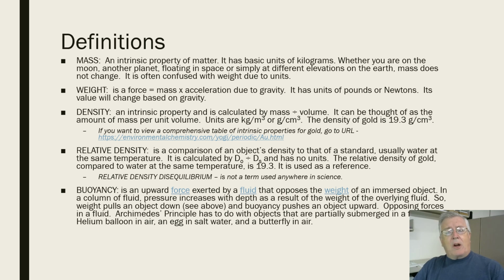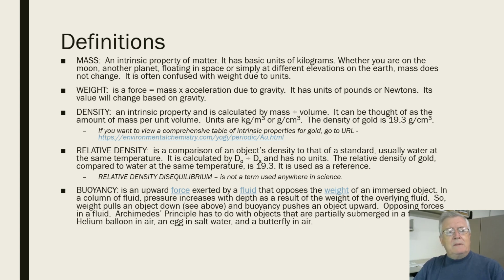Its units are kilograms per meter cubed, or for smaller amounts, grams per cubic centimeter. An example, the density of gold is 19.3 grams per cubic centimeter.